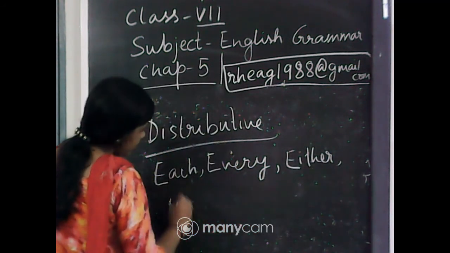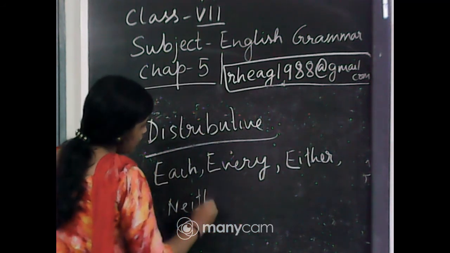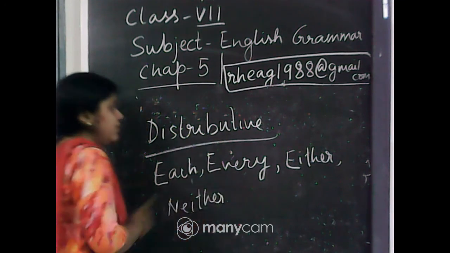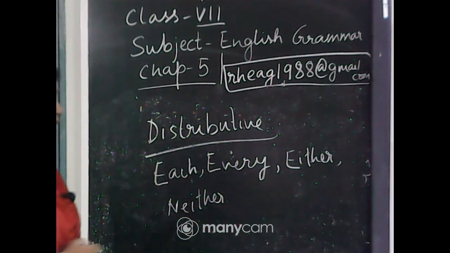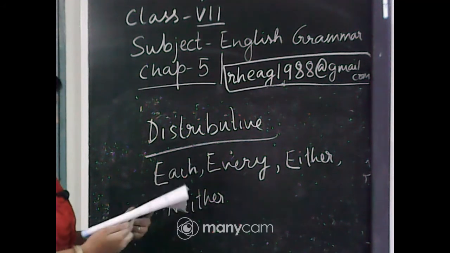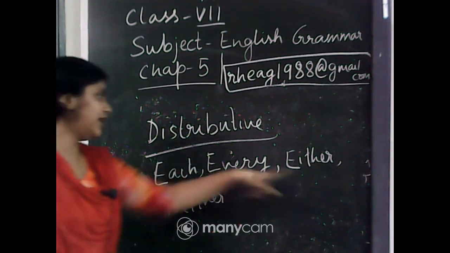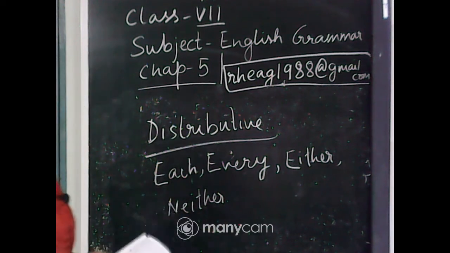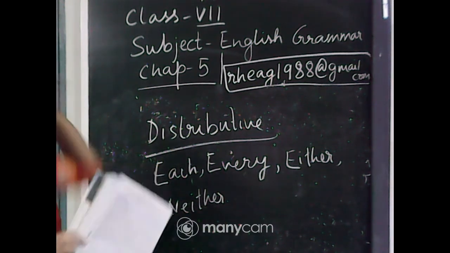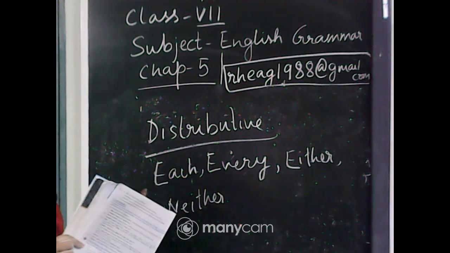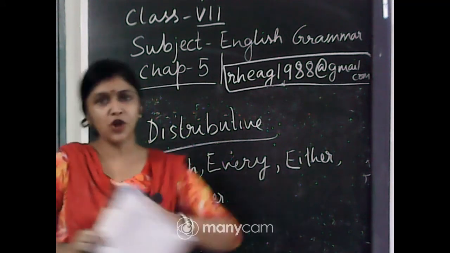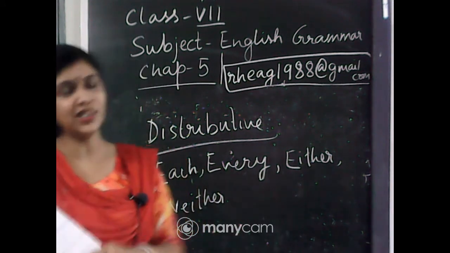To show distribution of certain properties or action, we use the distributives. So each and every can be used alternatively. That means you can use each in place of every.